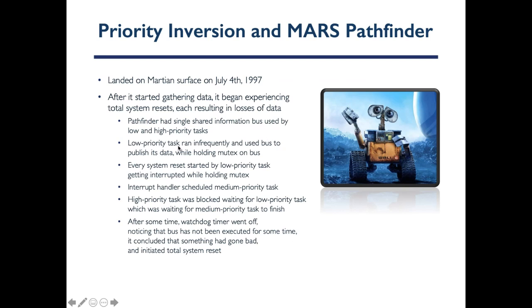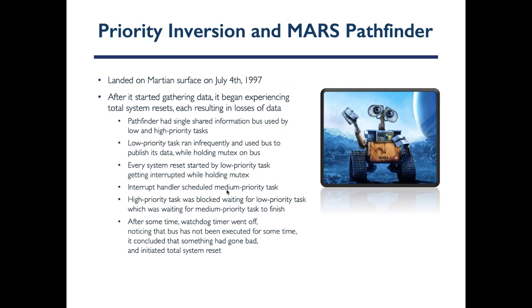So this low priority task was an infrequent task that would gather data and then publish it, or just push it into the memory using this bus. Every time this low priority task wanted to use this bus, it would acquire the mutex on this bus. Now, other than this low priority task, there were also medium priority tasks in the system.